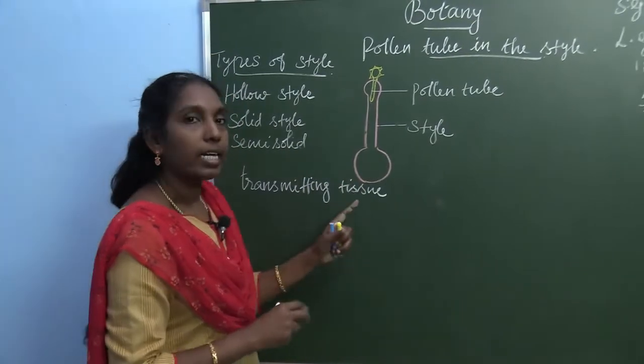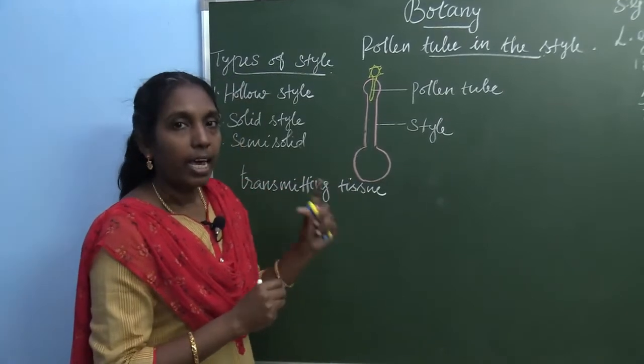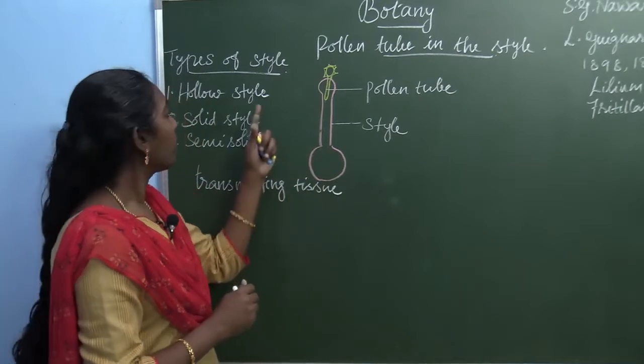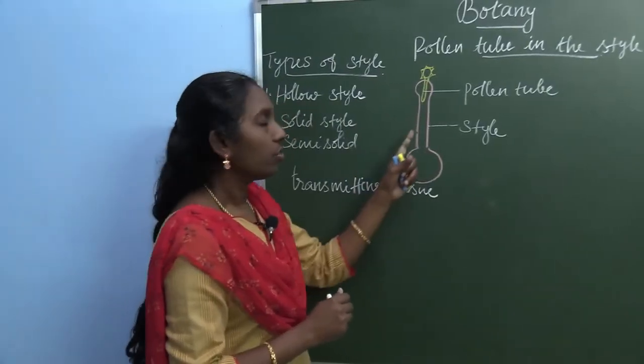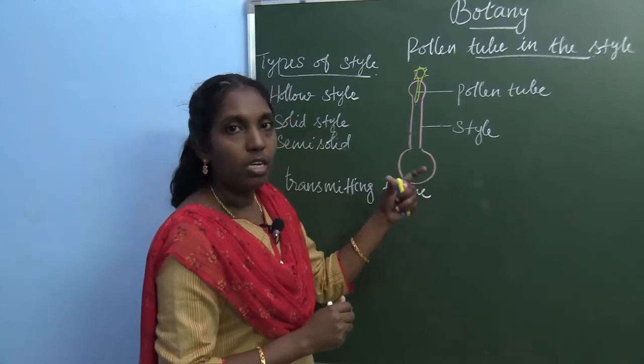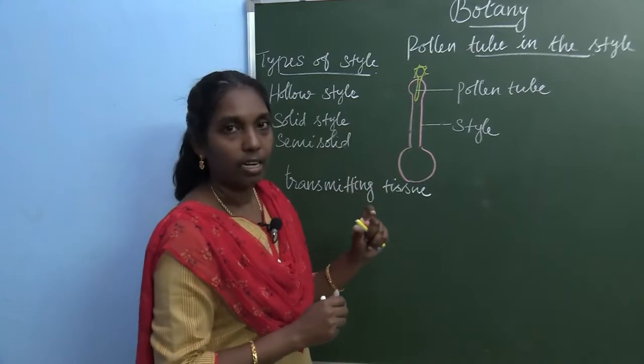In this style, the transmitting tissue is present in the central core, and its function is similar to the function of the lining tissue, the single lining glandular tissue. So, it does a similar function.